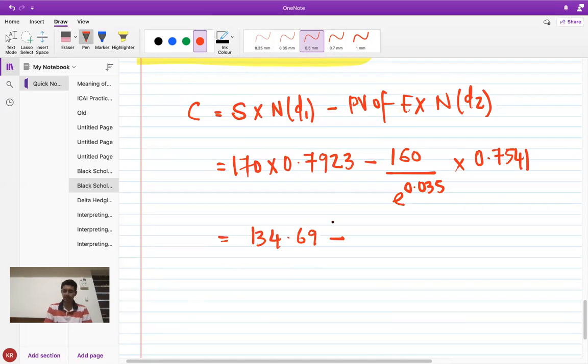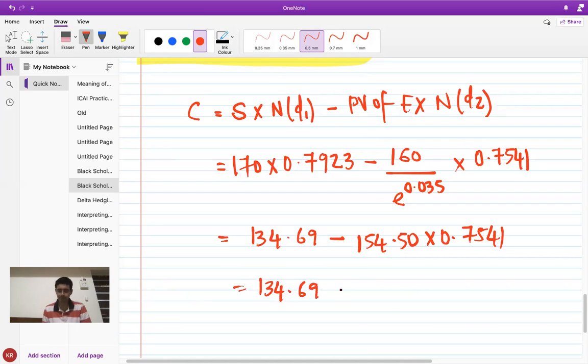This is 170 into 0.7923, which is equal to 134.69, minus the present value of exercise price, 154.50, into 0.7541, which is 116.51. So 134.69 minus 116.51 is 18.18.